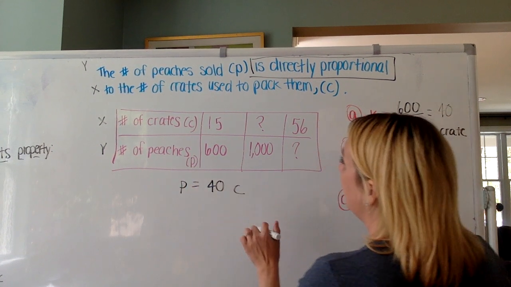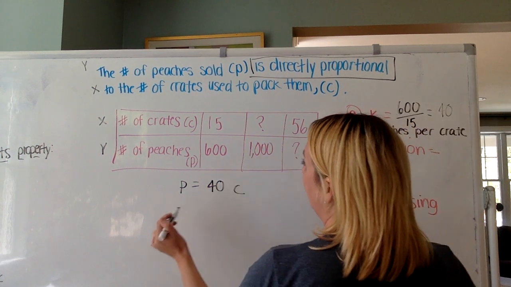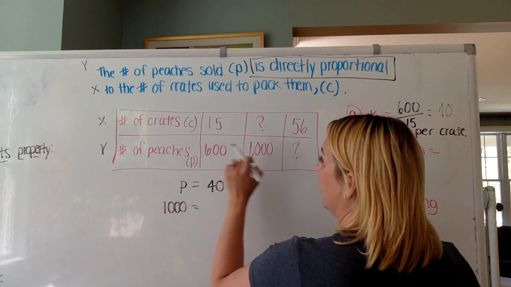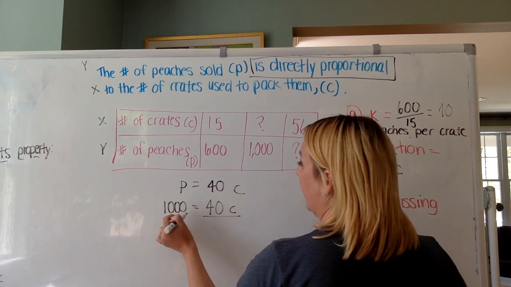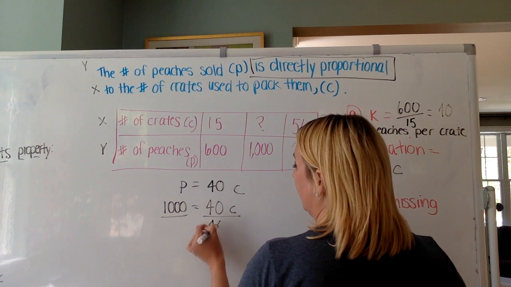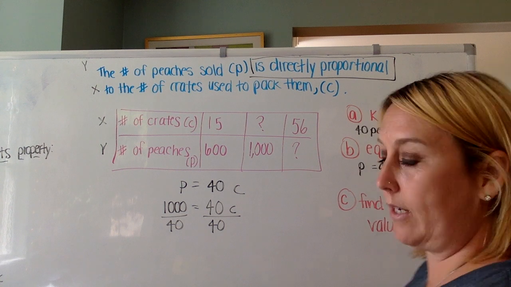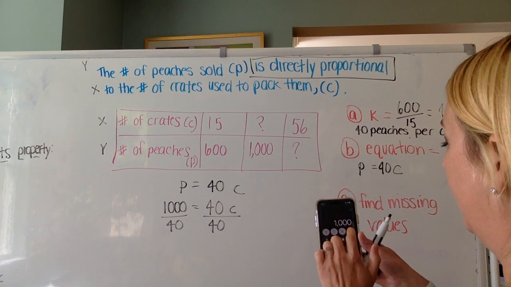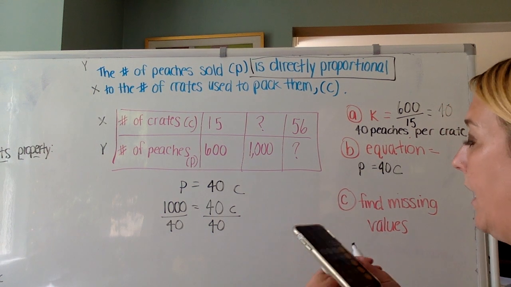Here we're missing our X, right? But we have our total peaches. So we plug in our value for P: 1,000 equals 40 times C. We don't know the number of crates, so divide 1,000 by 40, which is 25.